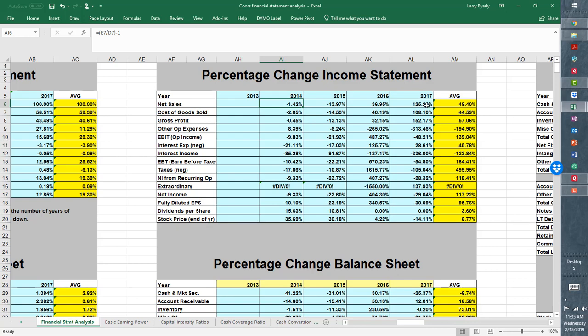So you can see here, if we go clear to 2017, sales from 2016 to 2017 increased by 125%. That's a huge increase in sales, obviously. Well, how is that possible? Well, the only way it's really possible is if the company bought somebody else.